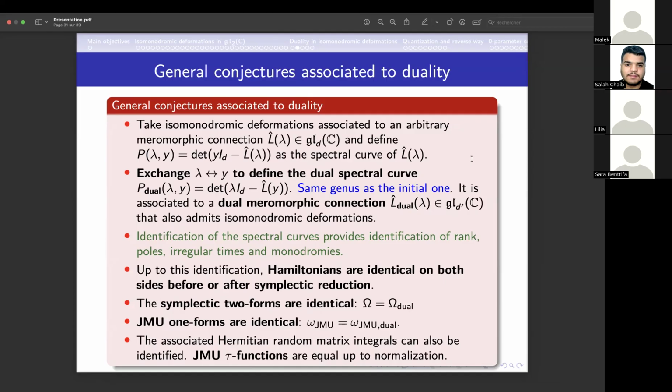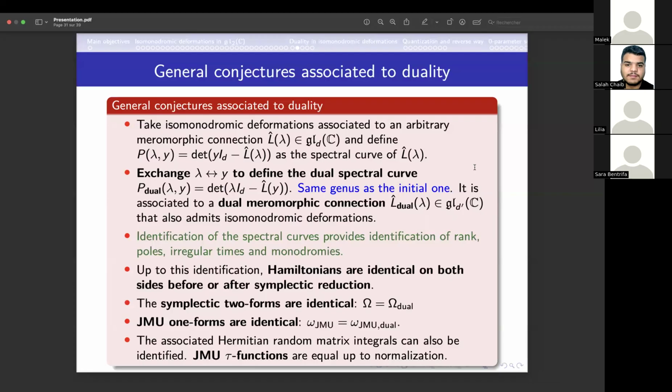You get a completely different spectral curve, because on the first side you can consider a degree 2 spectral curve in y and degree 4 in lambda. When you swap them, you get a degree 4 spectral curve in y and degree 2 in lambda. So these are completely two different things. They are not even related as far as I'm concerned, because the degree is completely different.